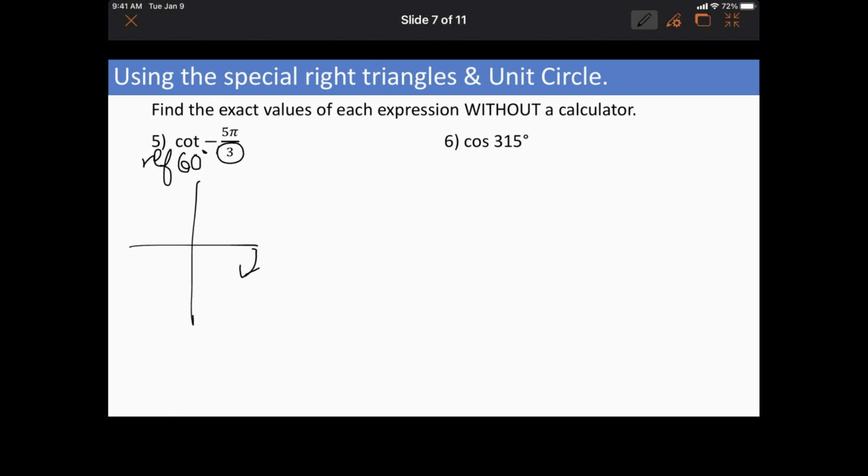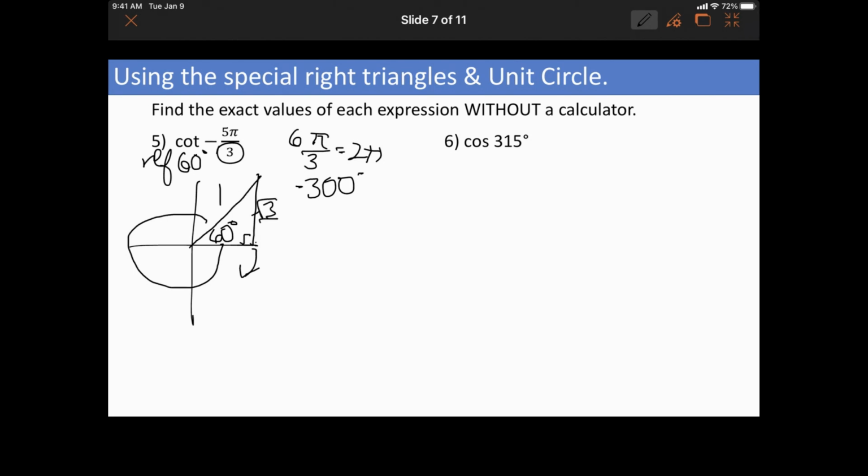If we hit 6 pi over 3, it's 2 pi. So it's almost all the way around. So it's in this quadrant. If you changed it to degrees, you would have found that is negative 300. Okay. All right, so this is 1, root 3 over 2. This is half.